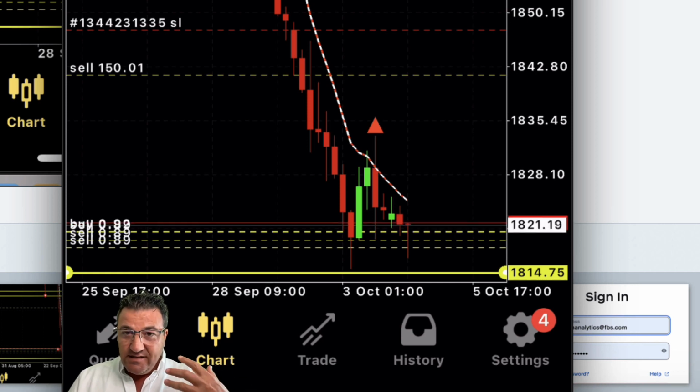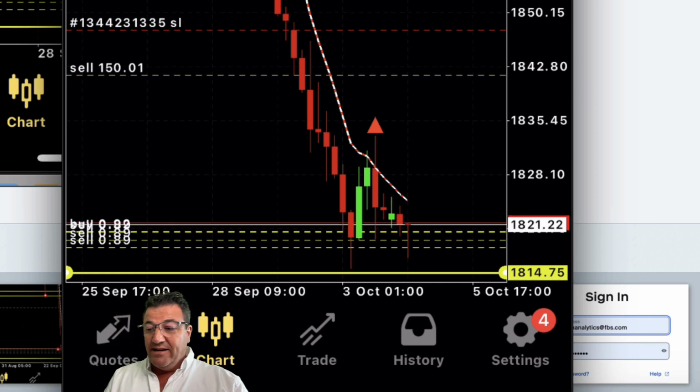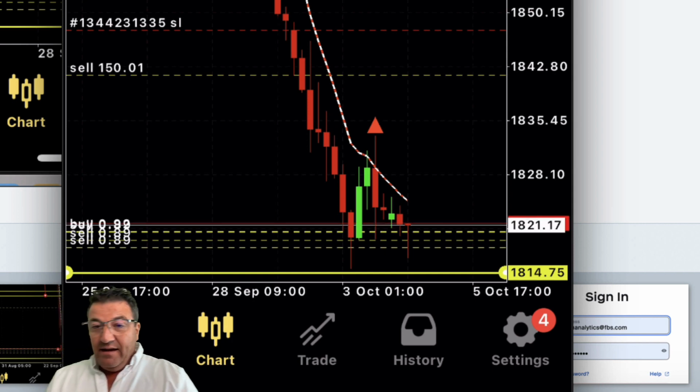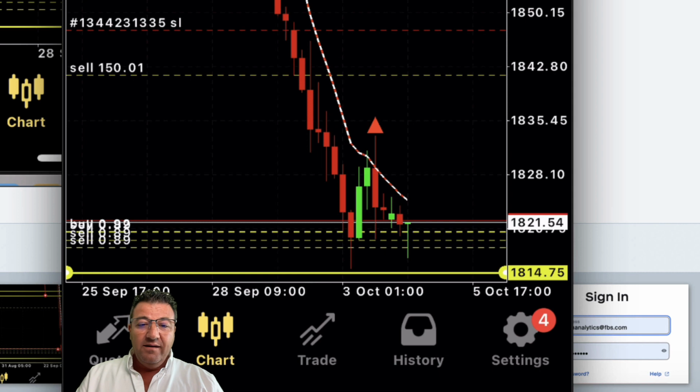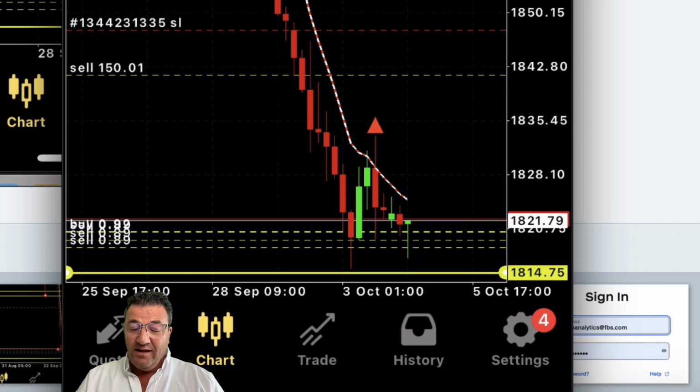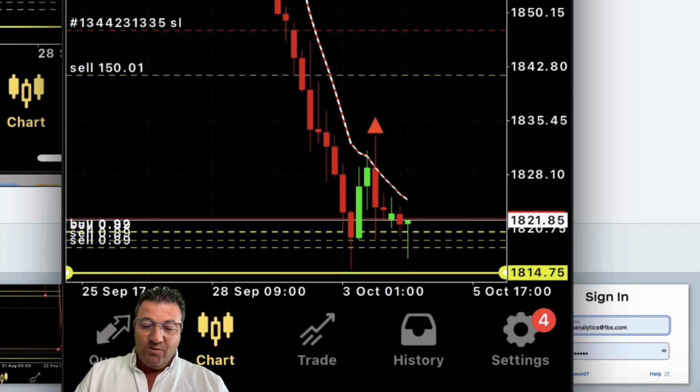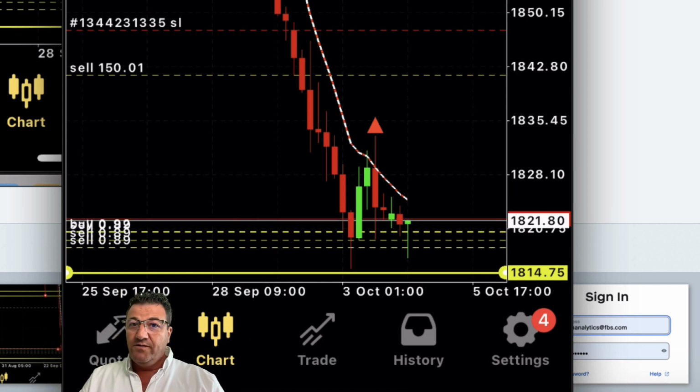Like this is for skilled traders. What I'm telling you, even as a skilled trader, your emotions are going to be involved here. So you need to know, this is what happens when that hedge is removed.